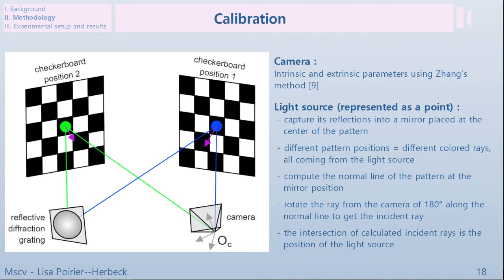And thanks to Zhang's method, we are able to compute the normal line of the pattern at the mirror position. Then we need to rotate the ray from the camera by 180 degrees along the normal line to get the incident ray. And finally, the intersection of the calculated incident rays is the position of the light source. And that's how the calibration process is done.